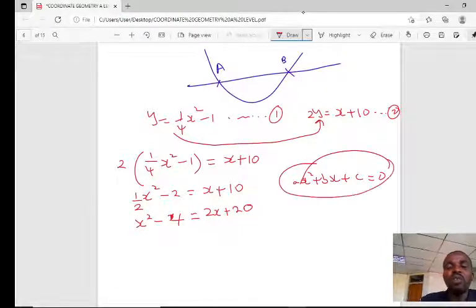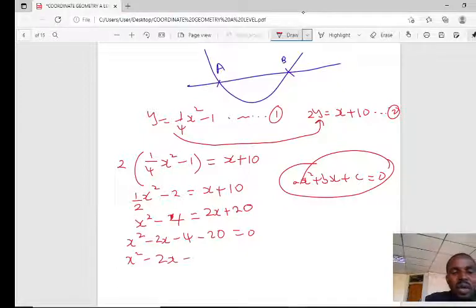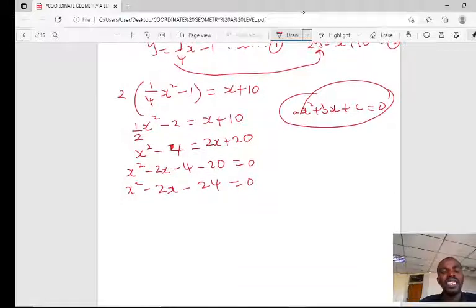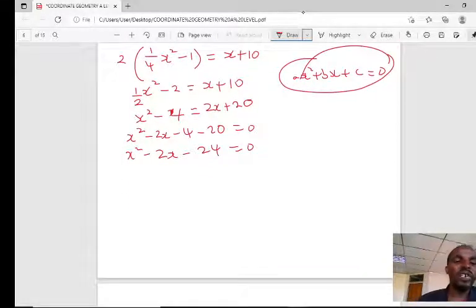This is the general form of a quadratic equation. So it will be x squared minus 2x minus 4 minus 20 is equals to 0. Then it will be x squared minus 2x minus 24 is equals to 0. Like this. Now, let's factorize.